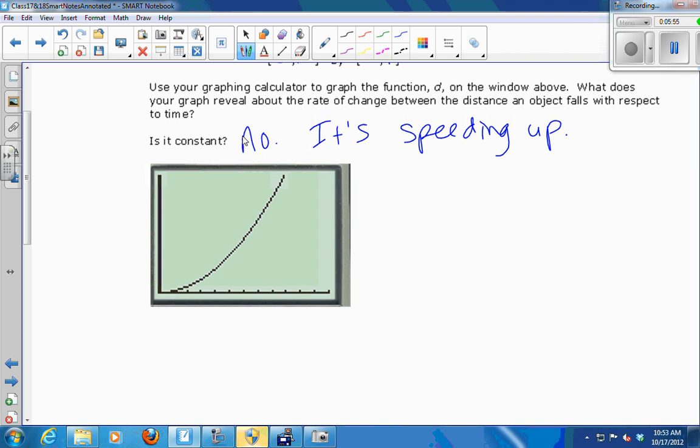If the rate of change were constant, this would look like a line, but actually it's speeding up. It's getting faster and faster and faster because it's going further and further than a line could go. Because this is distance, at the same time, say 1, 2, 3, 4, 5, say 6 seconds, it's gone much further than it would have gone if its speed had been constant.